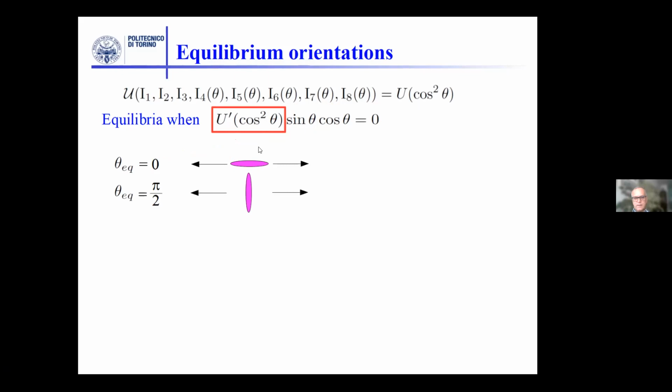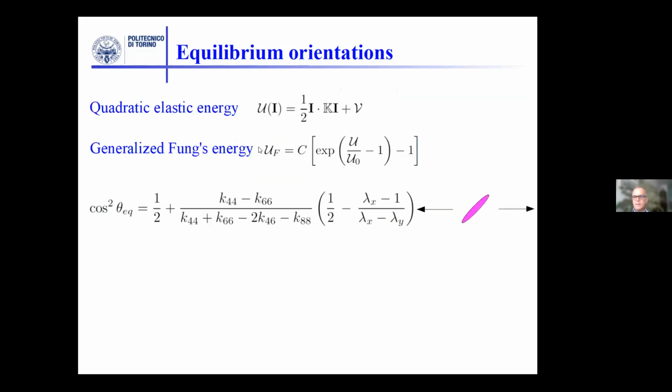So I will take, for instance, a very general polynomial, of second order in these invariants, what is called the Fung energy. Fung energy is used to describe the behavior of a lot of biological tissue. And if you compute u prime equals 0, you find that cosine square is equal to something.